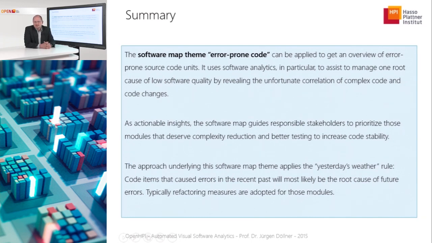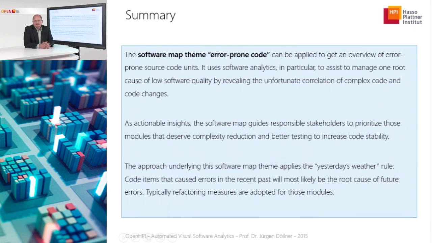The approach underlying this software map theme applies the yesterday's weather rule. This rule, basically transformed to our problem domain, means code items that caused errors in the recent past will most likely be the root cause of future errors.